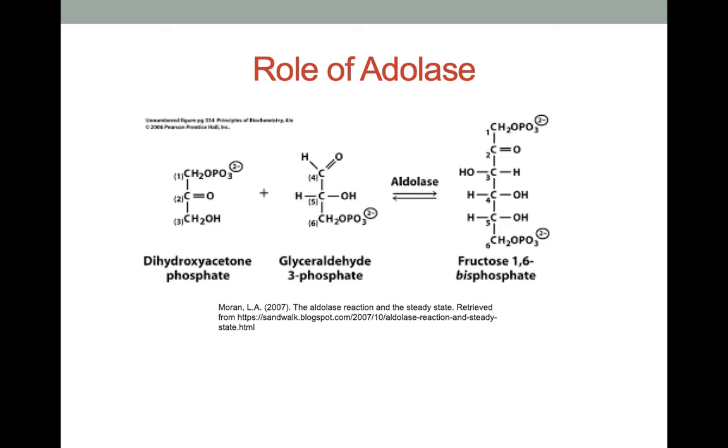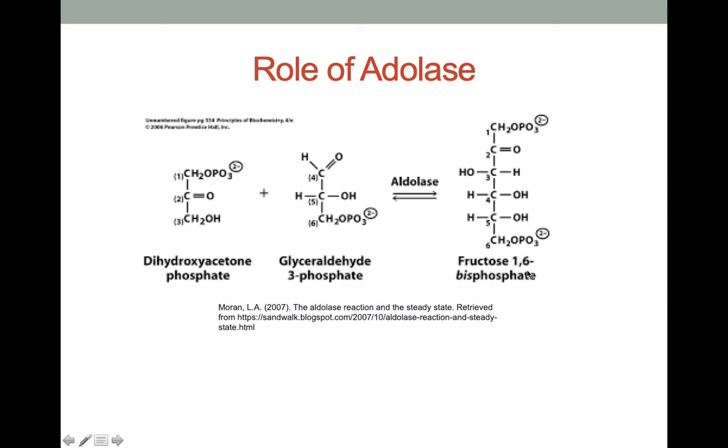Okay, so I said we'd get back to aldolase here, and aldolase is the enzyme that catalyzes the fourth reaction in glycolysis. Again, what we're doing here is taking fructose 1,6-bisphosphate and converting it, and it is reversible. So this is one of the steps that can occur in both pathways.